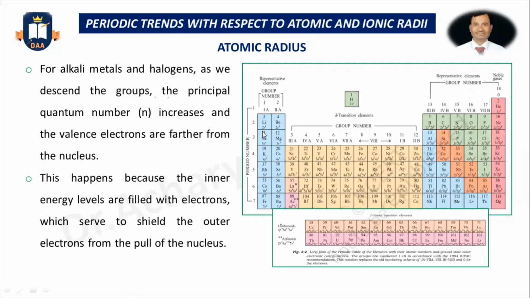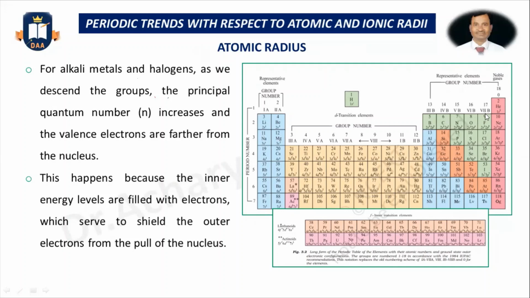You can see here for lithium 2s1, where 2 is the principal quantum number. For sodium, the outer shell electronic configuration is 3s1, where 3 is the principal quantum number. During the discussion of the electronic configuration, it was already discussed in that class.